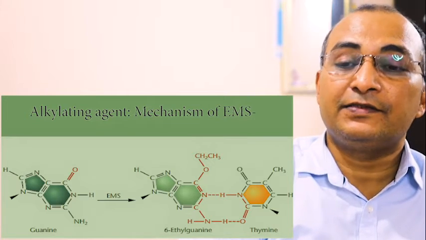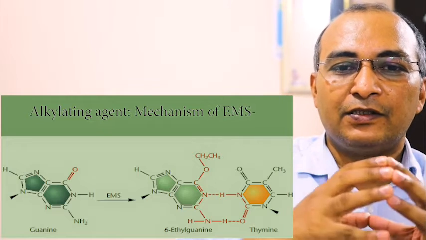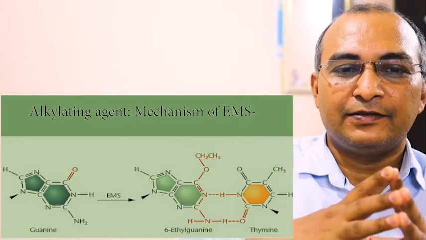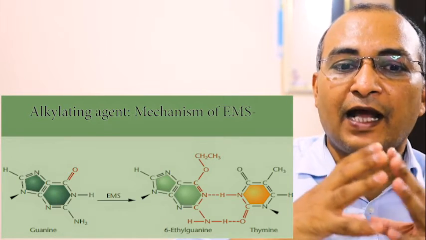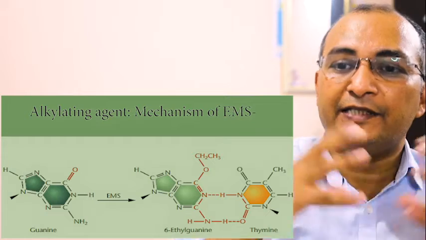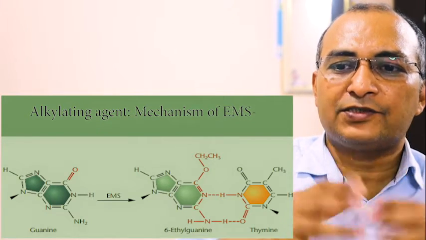For example, when ethyl methane sulfonate reacts with guanine, it forms 6-ethyl guanine, which behaves like an analog of A and starts pairing with T. Earlier, G was pairing with C. So the three bonds get altered, and one purine got replaced with another purine.